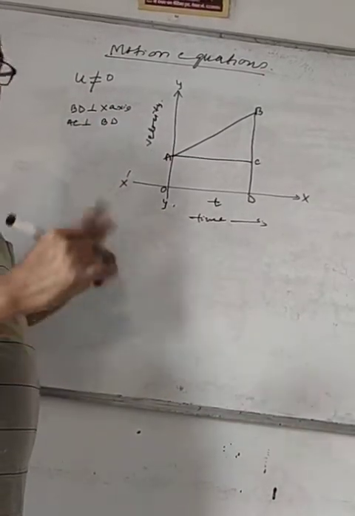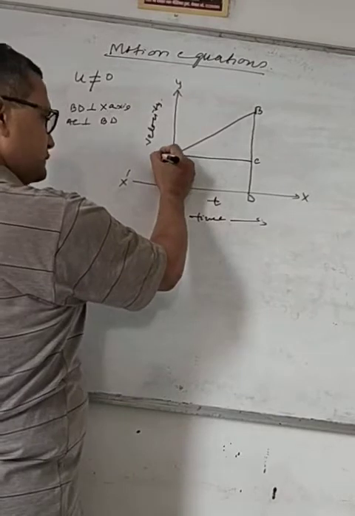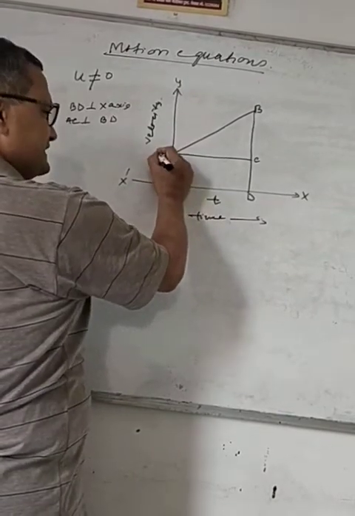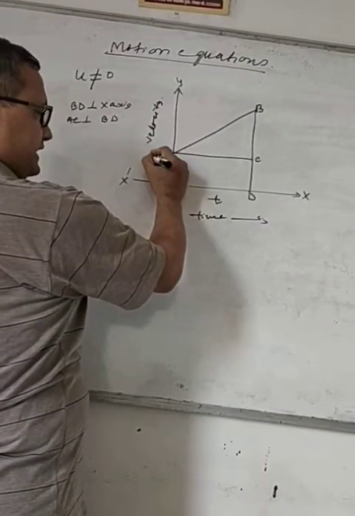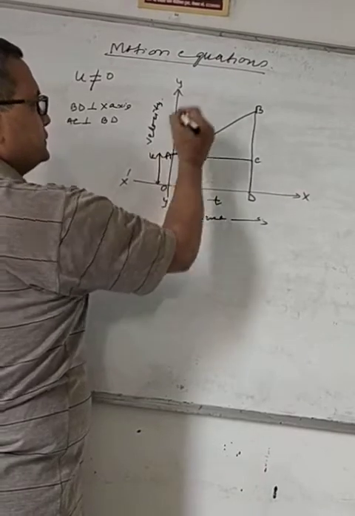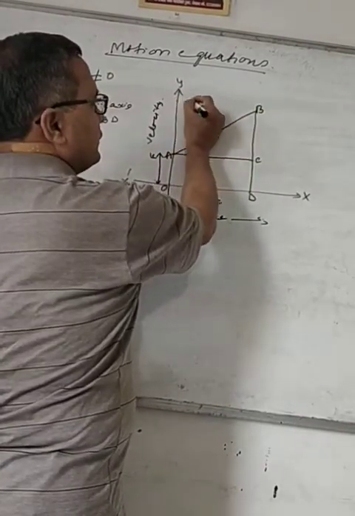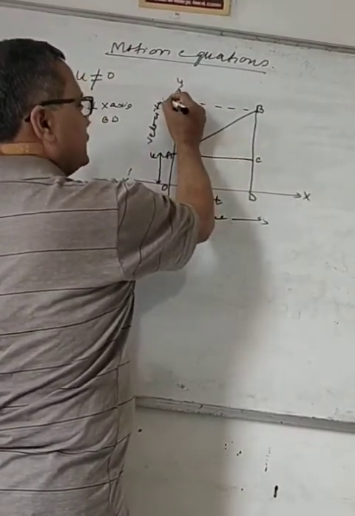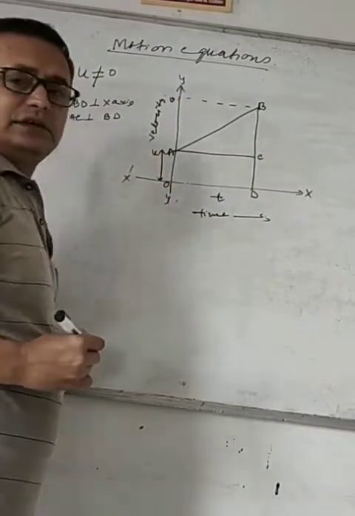Then we obtain the values. This value is U, the initial value, and this value is V.